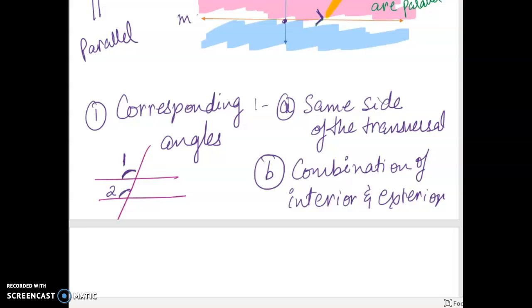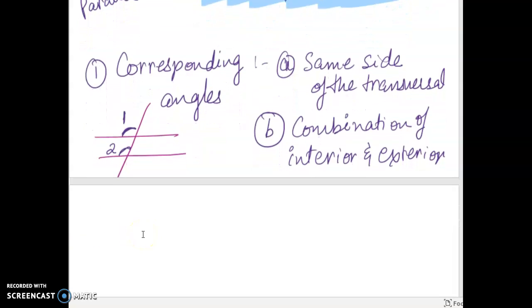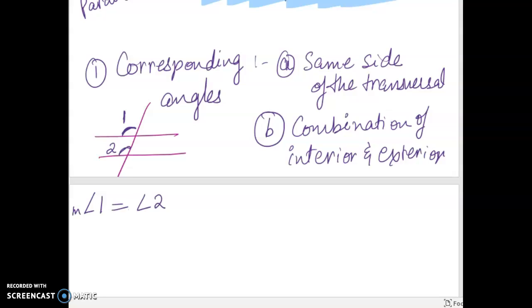Another thing, corresponding angles are equal. So angle 1 will be equal to angle 2, or should I say the measurement of angle 1 will be equal to the measurement of angle 2 because they are corresponding angles, only if these two lines are parallel.